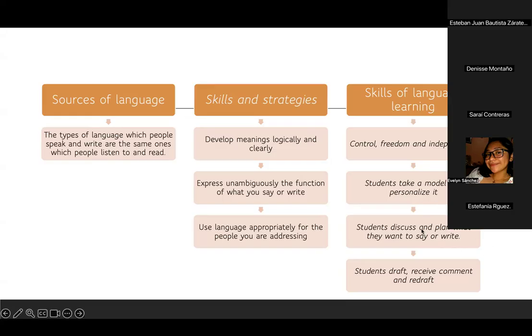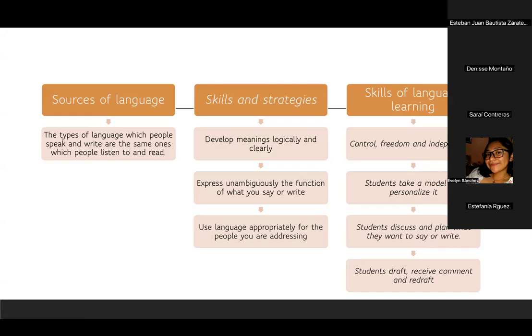That's also the moment in which you are going to start supervising and monitoring students' work, trying to be attentive. In case it is necessary, you provide feedback and guidance. Then the other one, students take a model and personalize it.